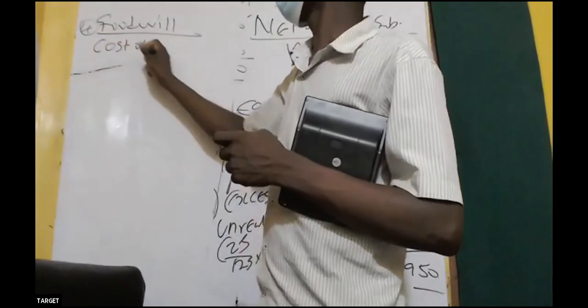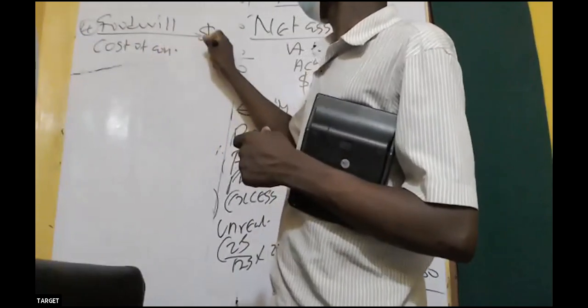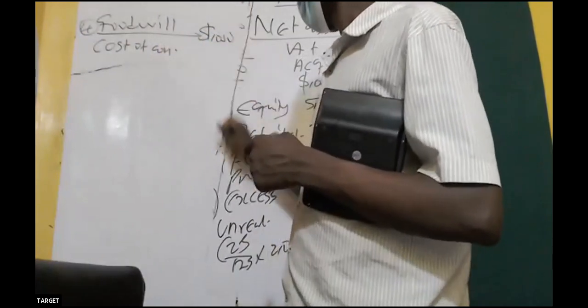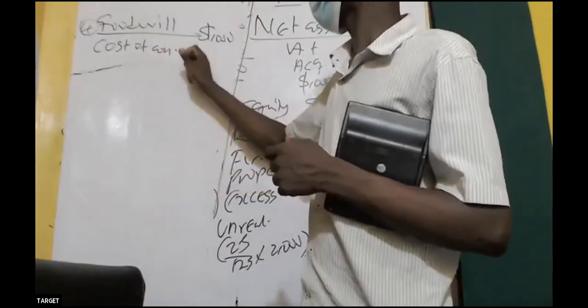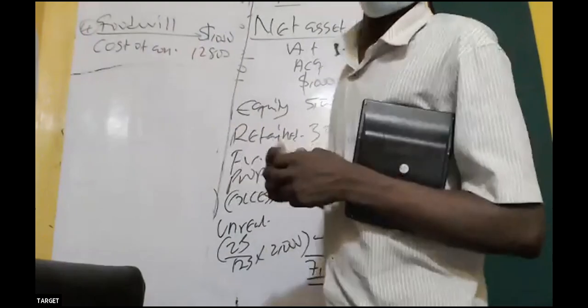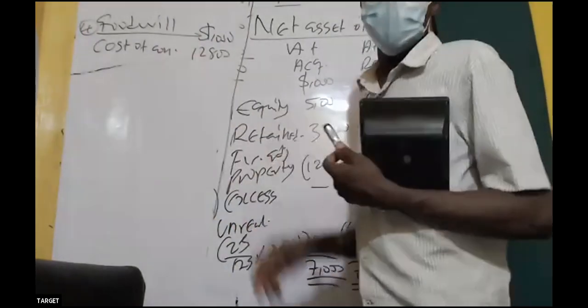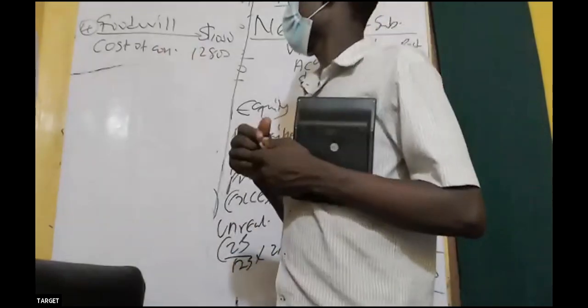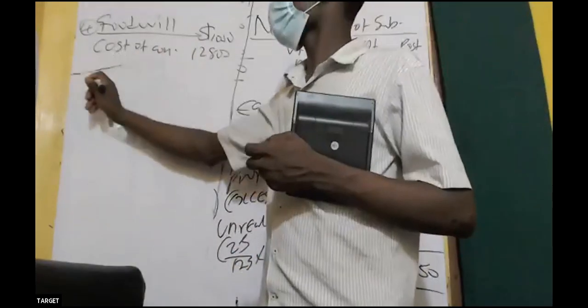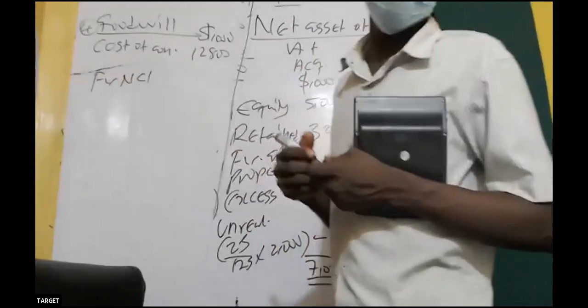So cost of consideration, which we computed, we had 12,800. Then here, because we are using the fair value method, we must now add the fair value of the NCI at acquisition.